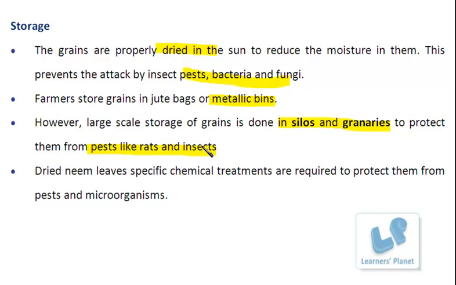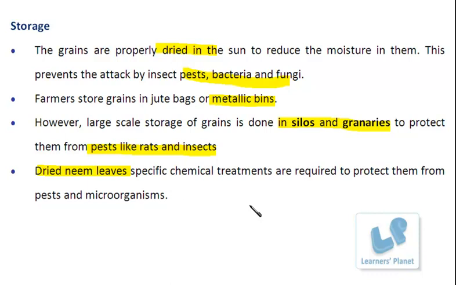Also, it should be treated with various chemicals like pesticides or other insecticides, so that the growth of pests is controlled. Even a natural product, dried neem leaves, can be used in such conditions. Of course, the main objective of this step is the protection of these grains from any type of infection or attack by pests.